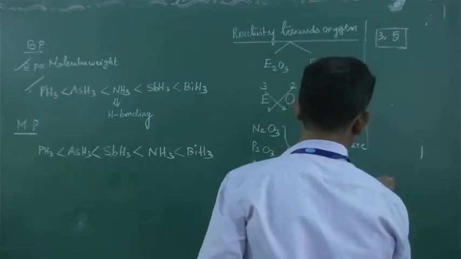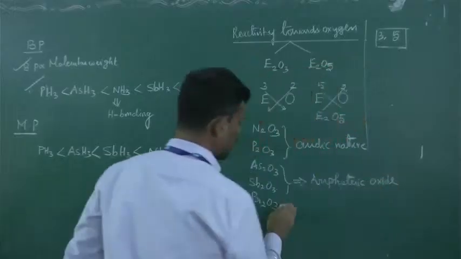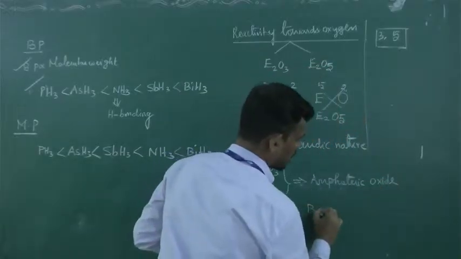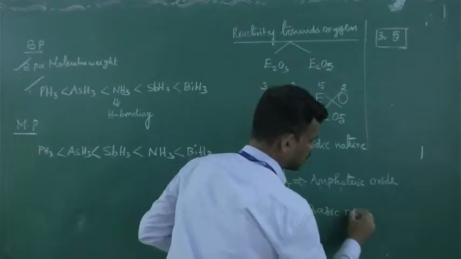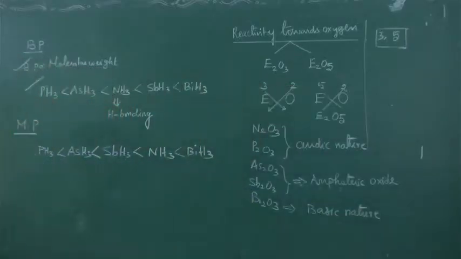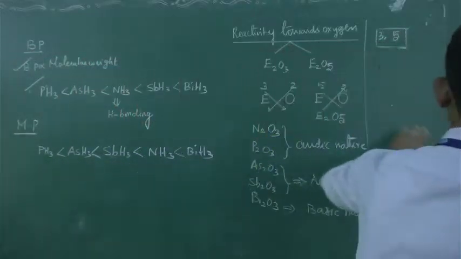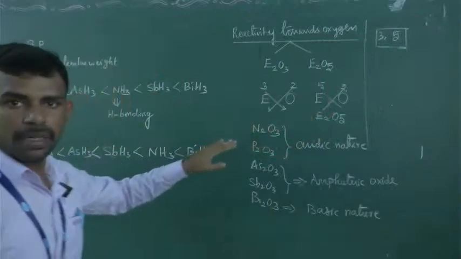Okay, amphoteric oxide. The last one is a metal, so it is going to be a basic oxide, basic in nature. They will ask in correct or incorrect statement questions, such as which of the following oxides are acidic in nature, or basic nature. So this one is going to be basic. Is it clear? What is the trick? What is the information we have to get?